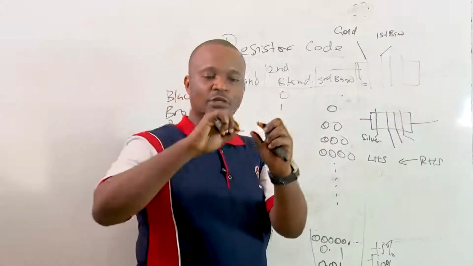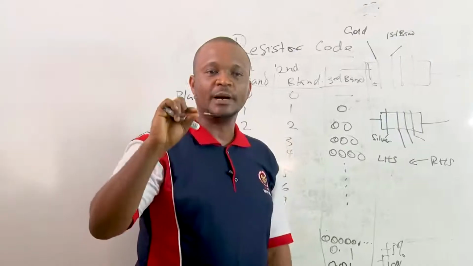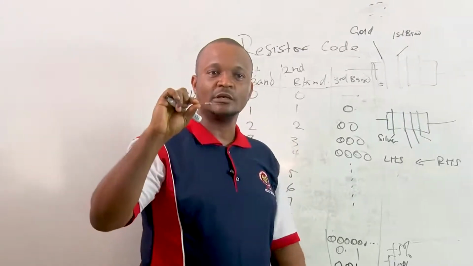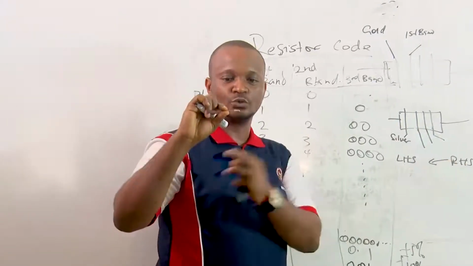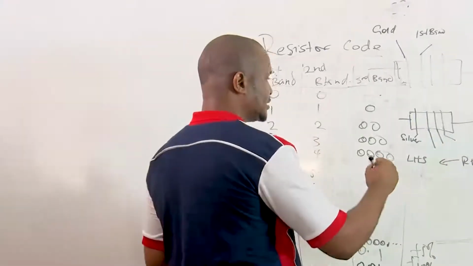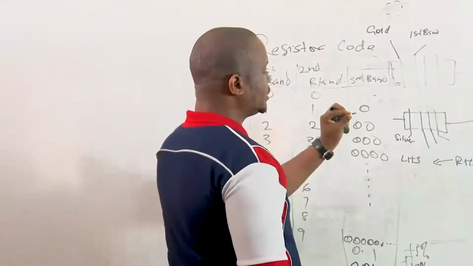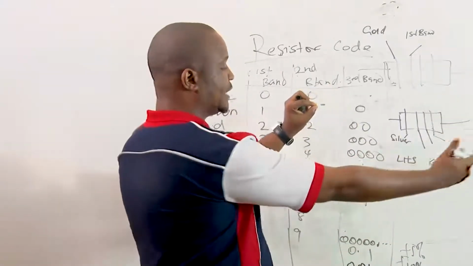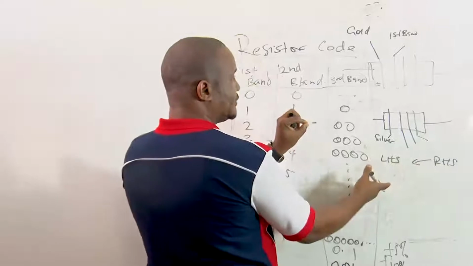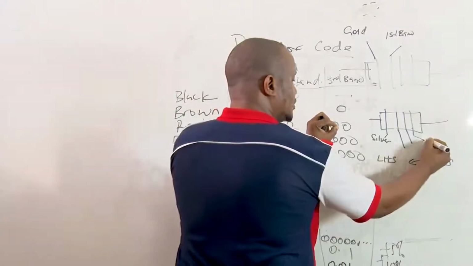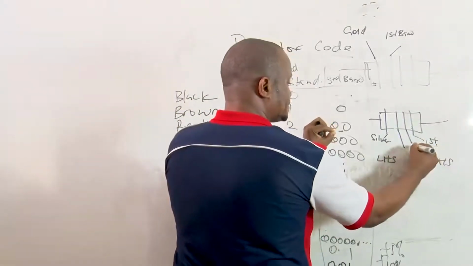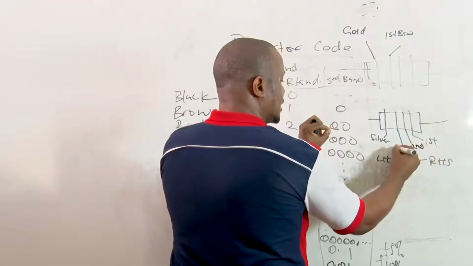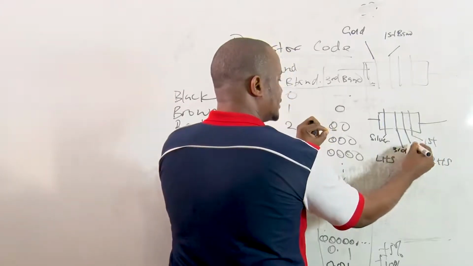Well, if you can turn it around, you hold the banded end on the right hand, you can read from left hand side to the right hand side. Okay, so I am holding this banded end on my left, so it means I'm going to read from my right hand side to my left hand side. So this is my first band in that case, the second band, and the third band.